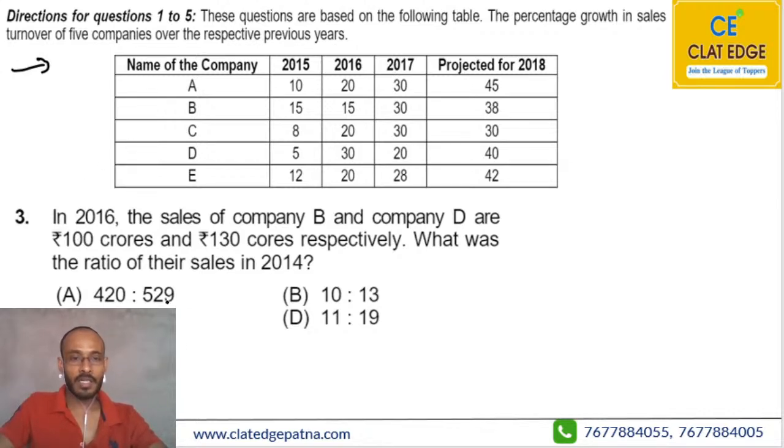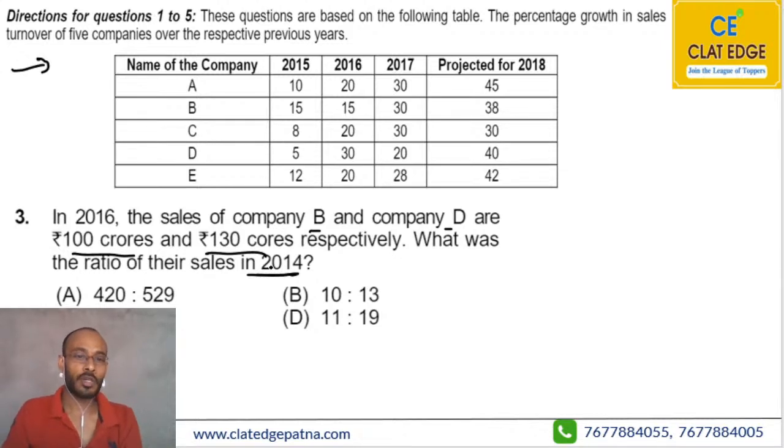We need to answer here that in 2016 the sales of company B and company D are 100 crores and 130 crores. In 2016 the sales of both B and D are given, that are 100 crores and 130 crores. What was the ratio of their sales in 2014?